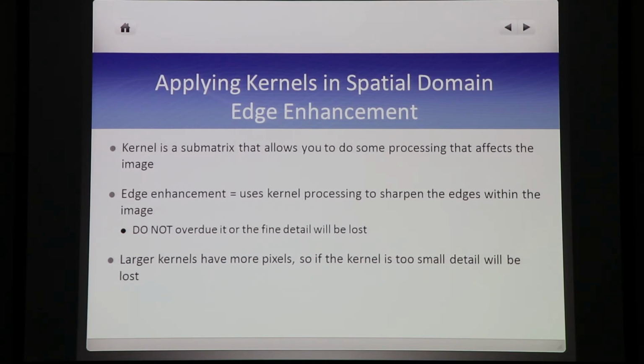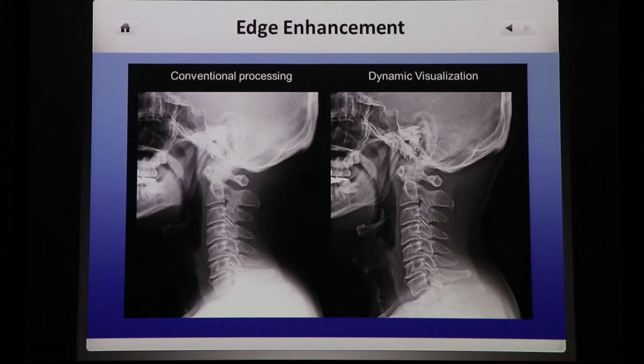You do not want to overdo this or you're going to lose the fine detail, and you'll see this in a second. Larger kernels have more pixels, and the system will need to have larger kernels. If the kernel is too small, you're going to lose the detail, because it's going to be smaller than the detail that you're trying to apply.